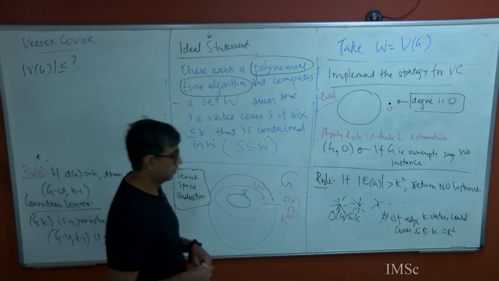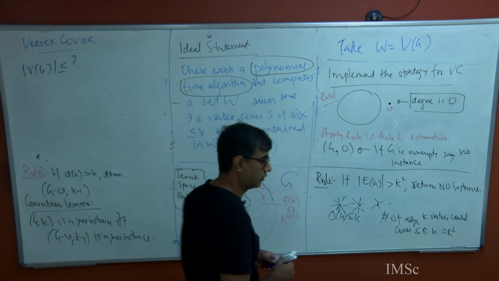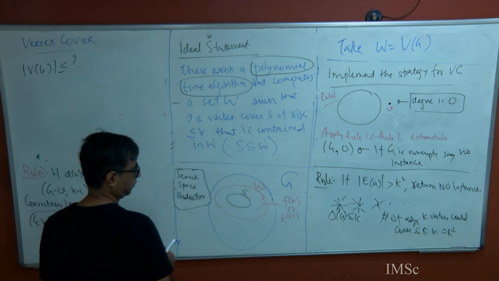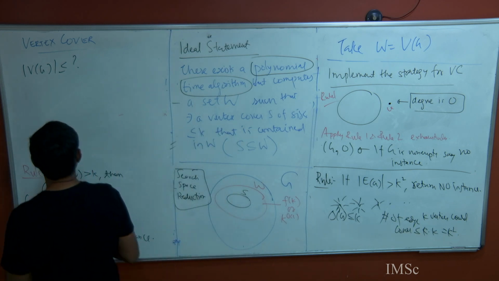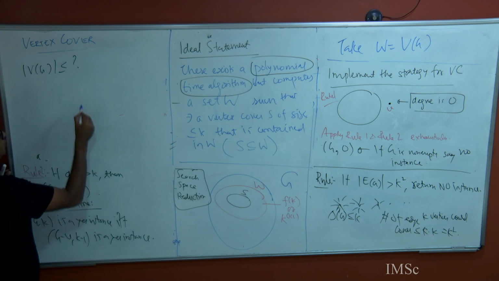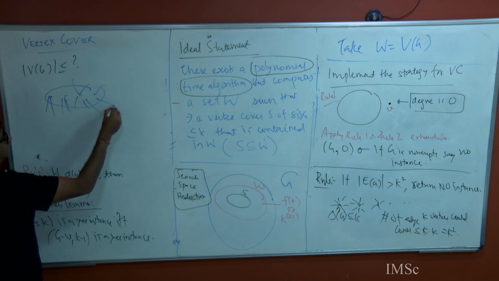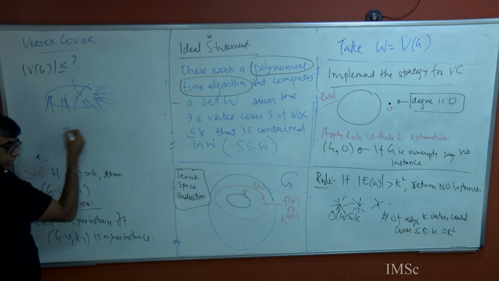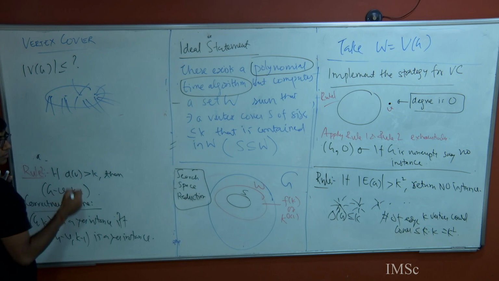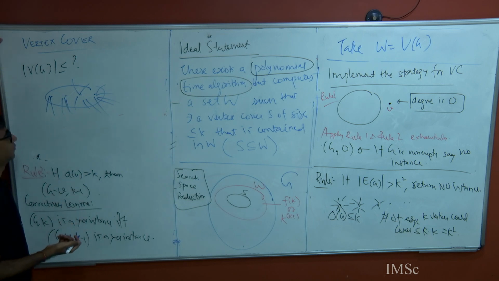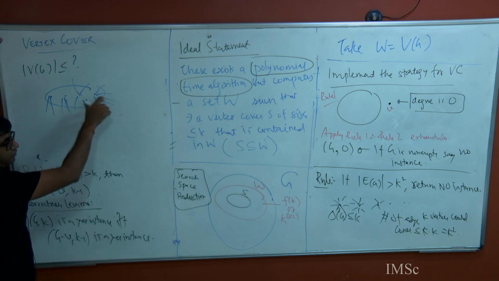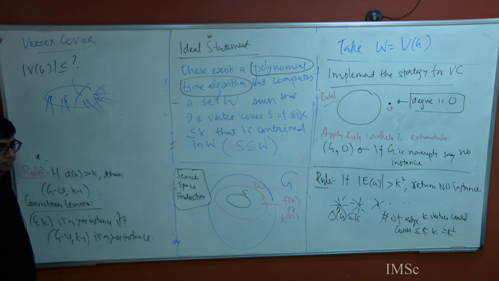Huh? He says 2k square. K square plus k. There are k square edges, right? So, how many? I think he's right. I mean, 2k square should count everything, no?